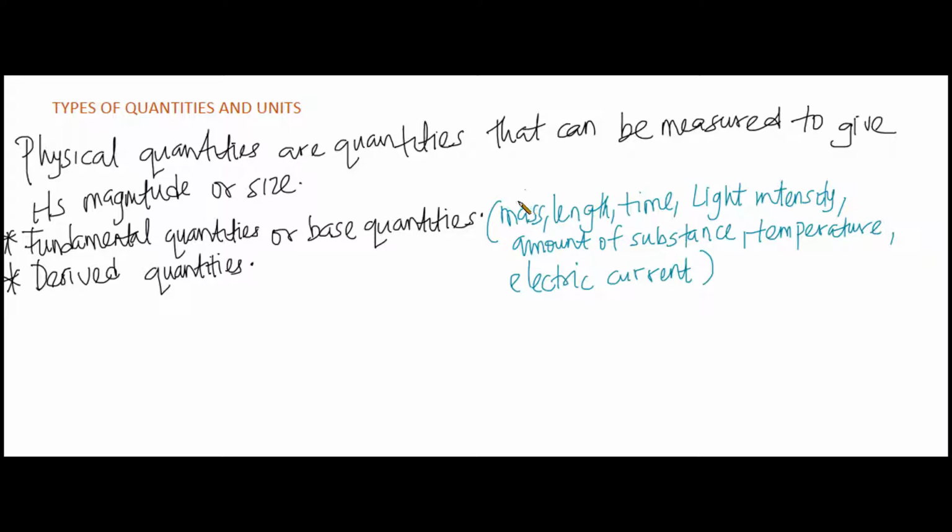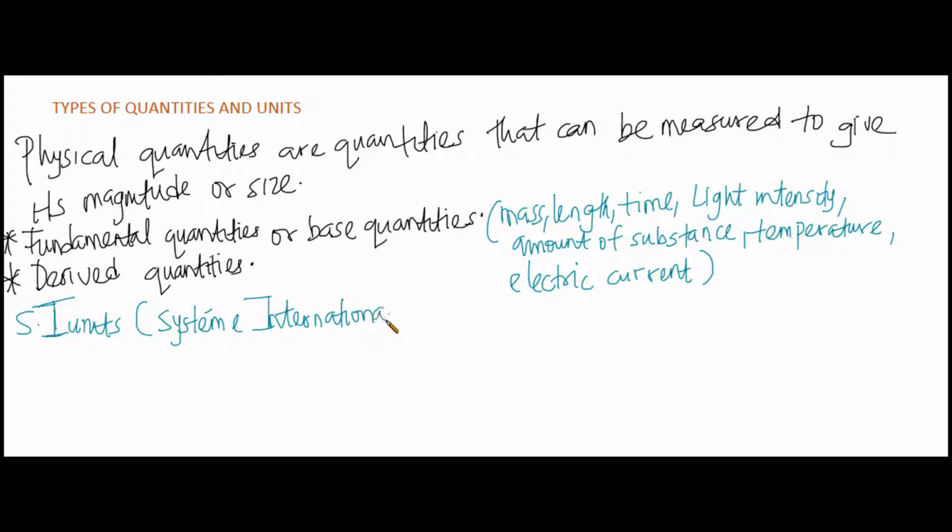And each of them has different units, but the generally accepted unit of each of these quantities is what we term the SI unit in physics. SI actually means System International.